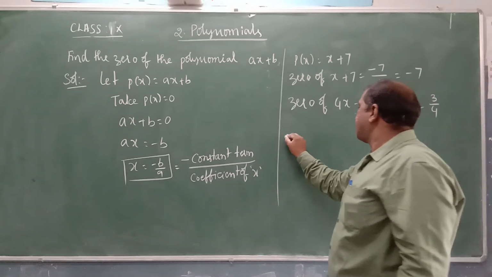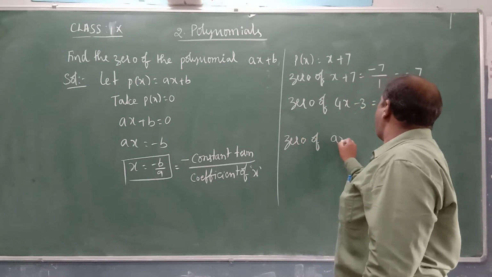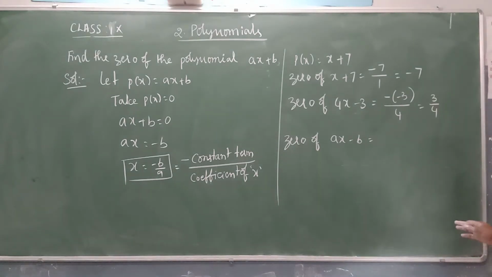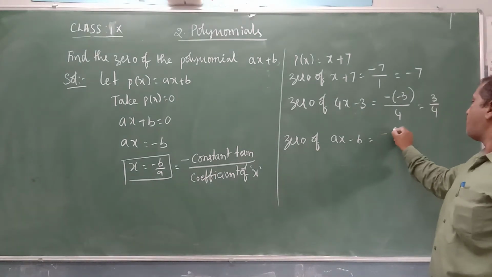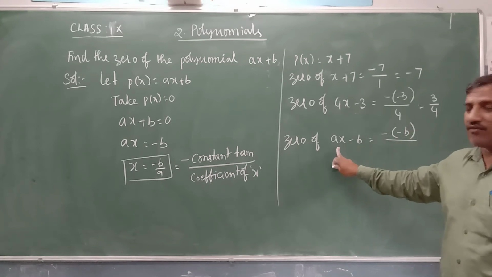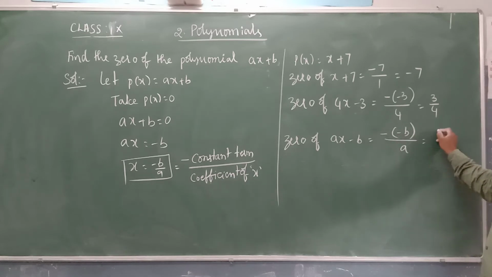Similarly, zero of the polynomial ax minus b is equal to minus of minus b, plus b by a.